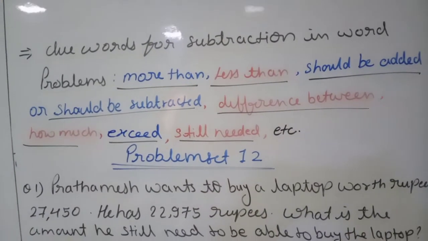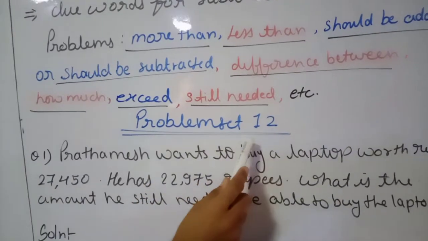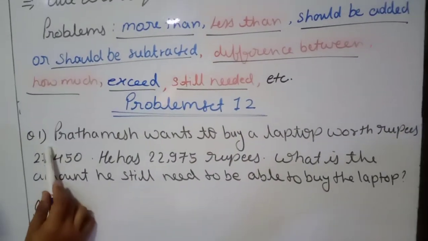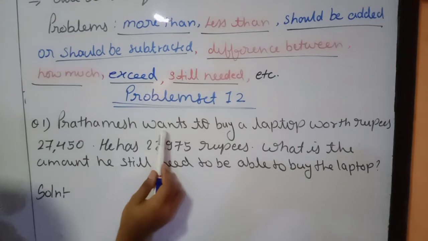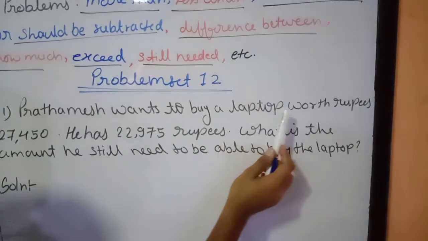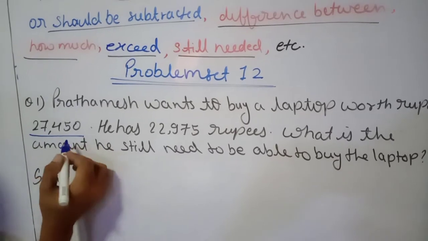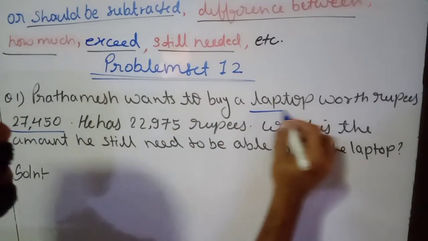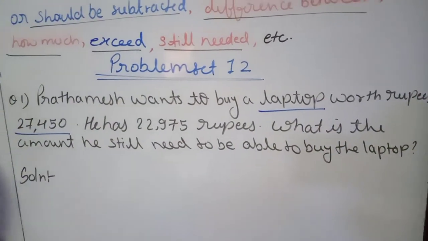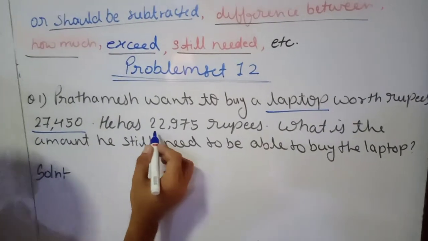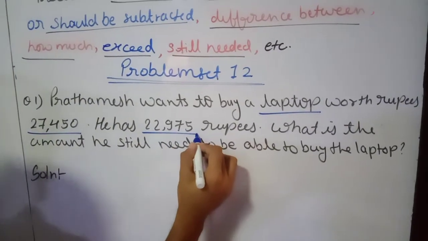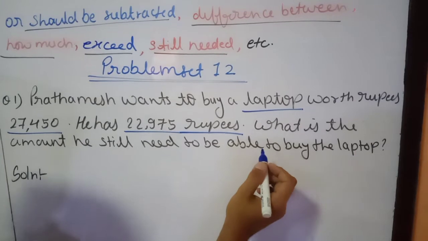So let's see. Start problem set number 12. Question number 1. Prathamesh wants to buy a laptop worth rupees 27,450. He has 22,975 rupees.